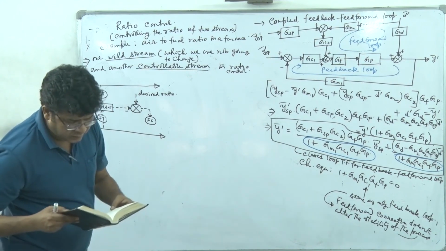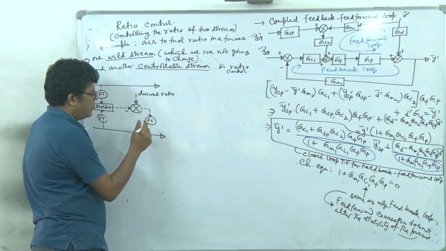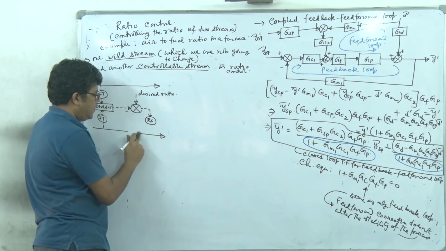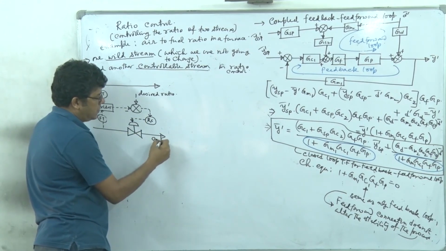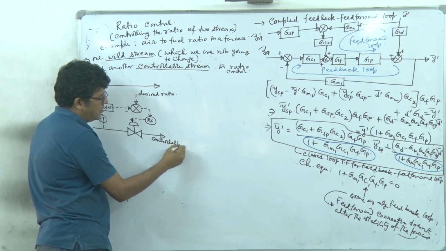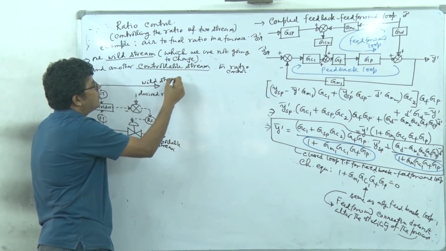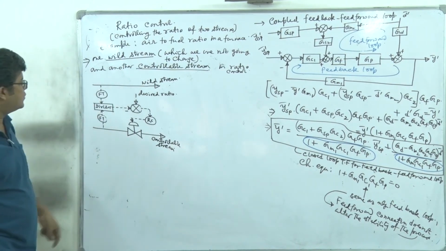So let's call it flow controller or ratio controller RC, and this will change the flow rate here. So this is the controllable stream and this is the wild stream. This is one scheme of controlling the ratio.